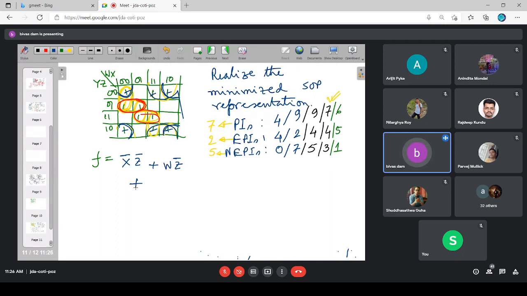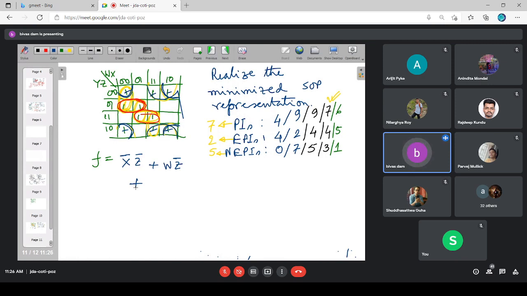In case all the non-essential PIs are at the same level, we will first target those non-essential PIs which are covering the most number of yet to be covered cells.